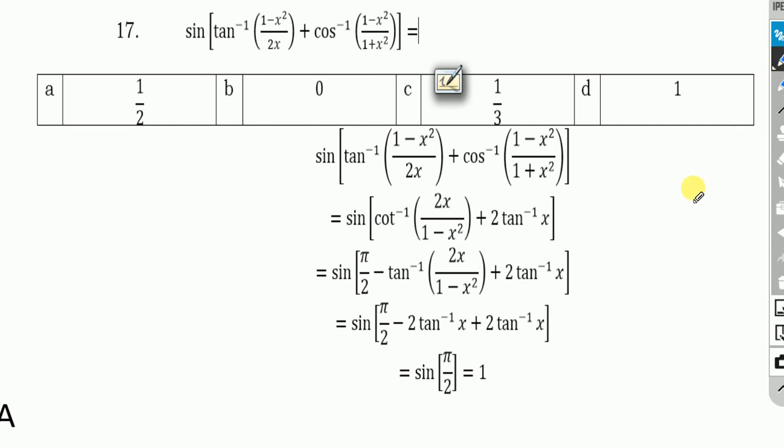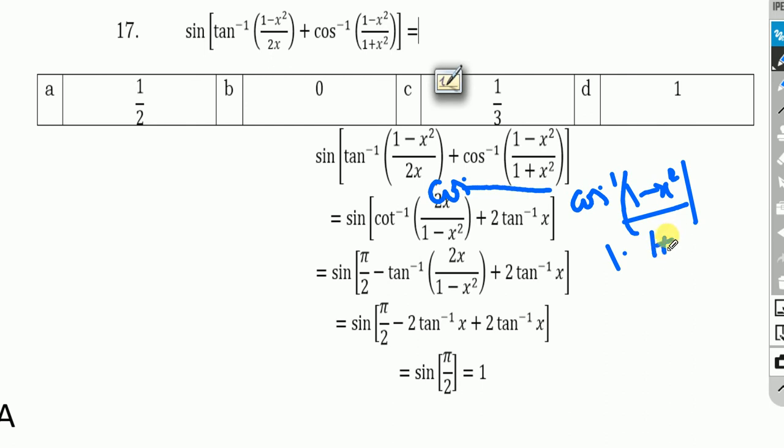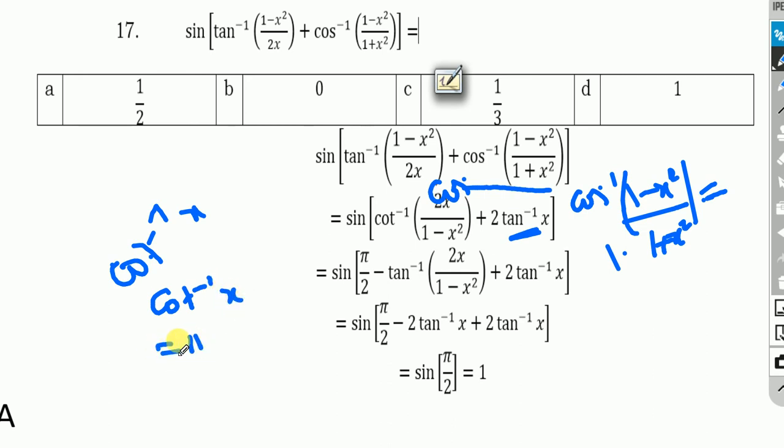See, we know that first thing here, cos inverse of 1 minus x square by 1 plus x square is equal to 2 tan inverse x. And we also know that cot inverse of x is equal to pi by 2 minus tan inverse of x.